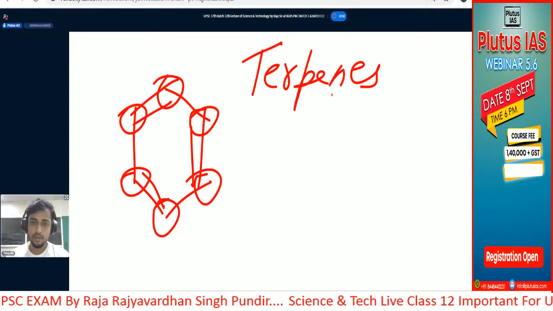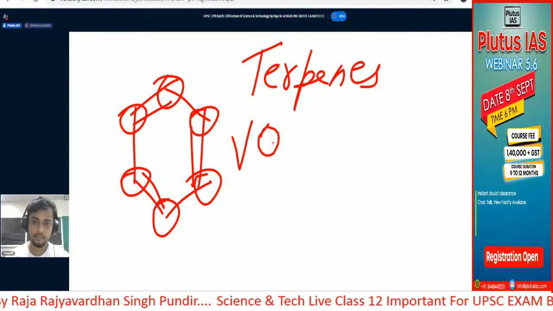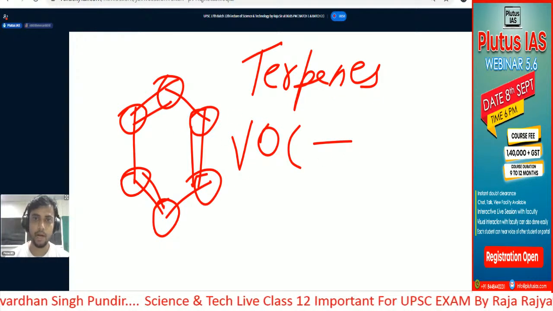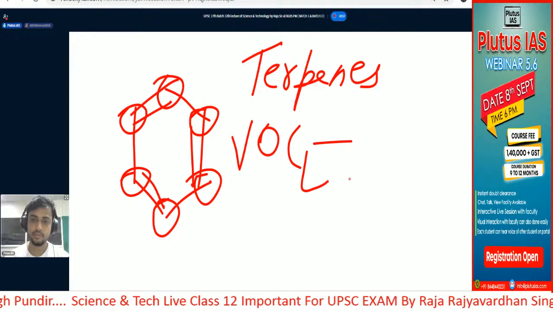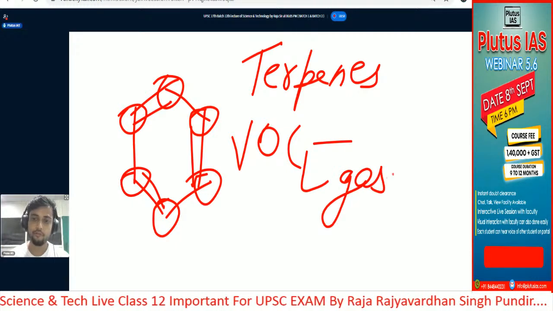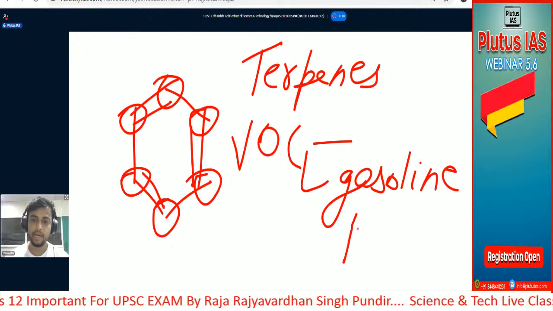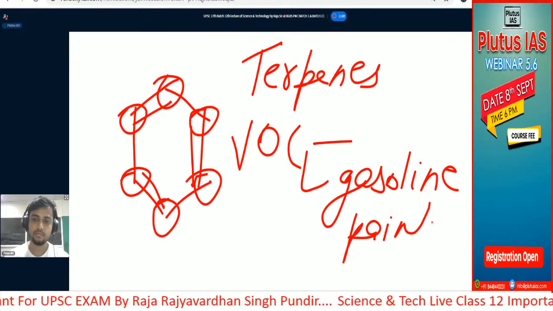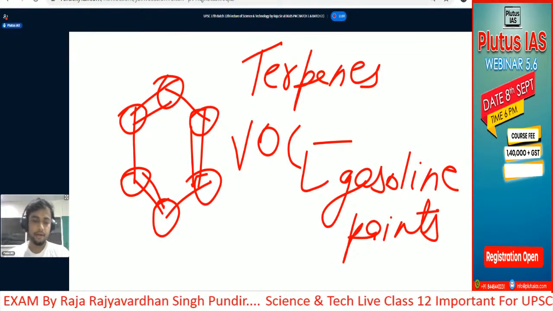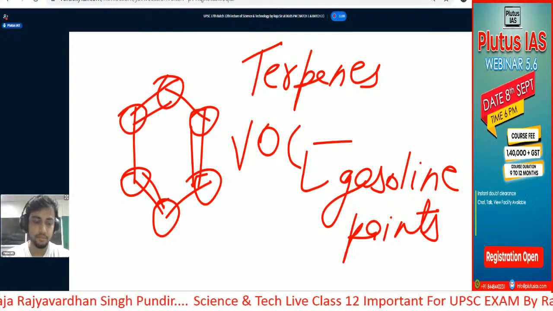Okay, welcome. So the VOCs, one source is the plant and the other source is they evaporate from gasoline, from the paints, and from vehicles as well.